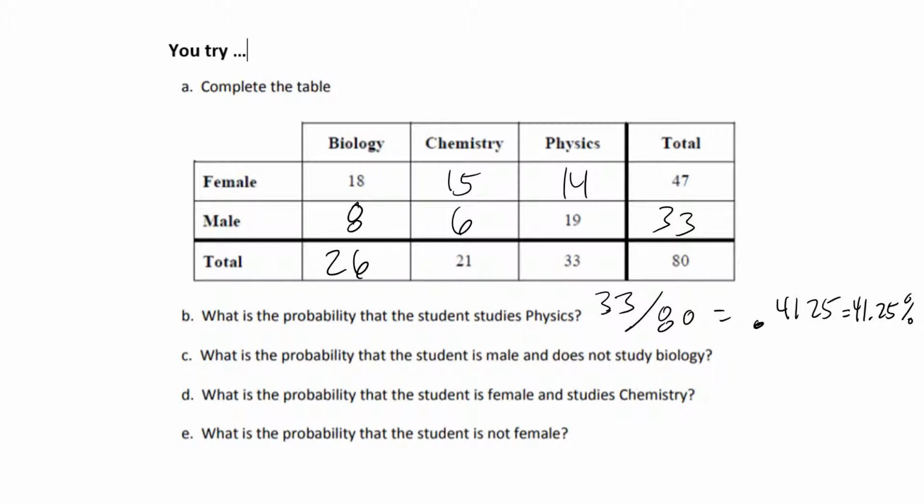Part C, what is the probability that a student is a male and does not study biology? So is a male and does not study biology.